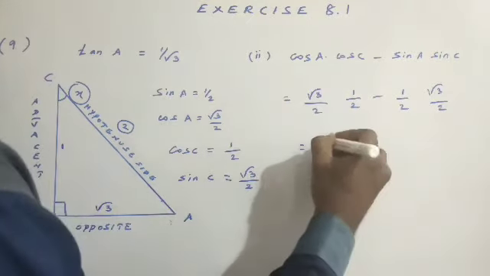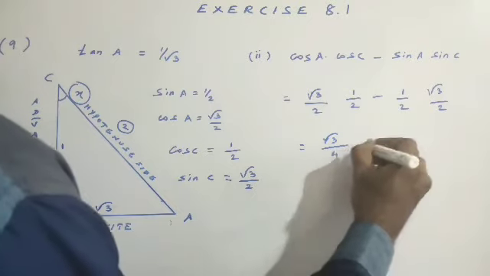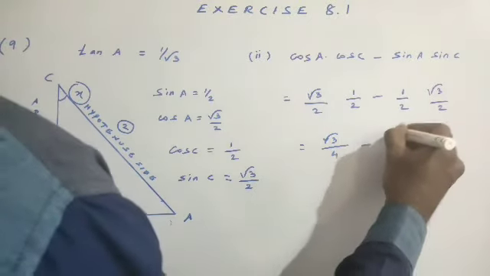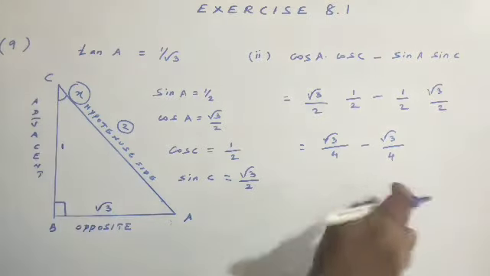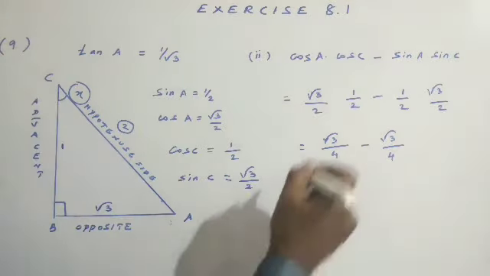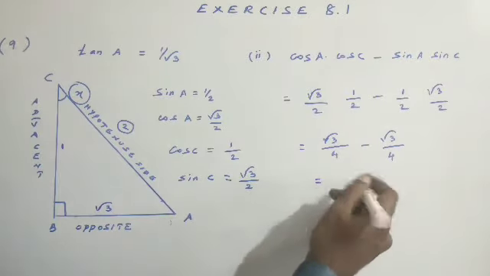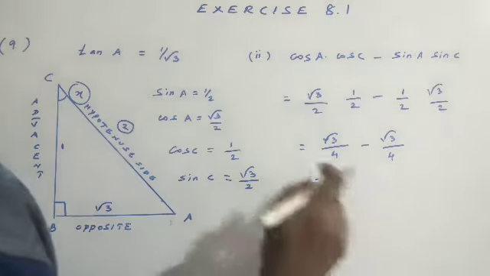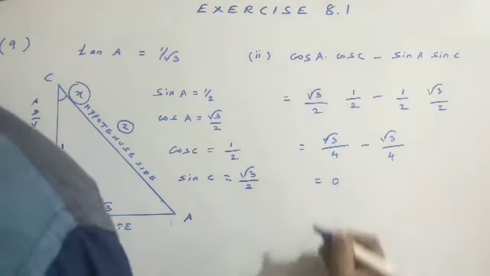Root 3 into 1 gives root 3, 2 into 2 is 4, minus 1 into root 3, root 3, 2 into 2 is 4. Now the values are the same, so subtracting root 3 by 4 from root 3 by 4 gives 0.